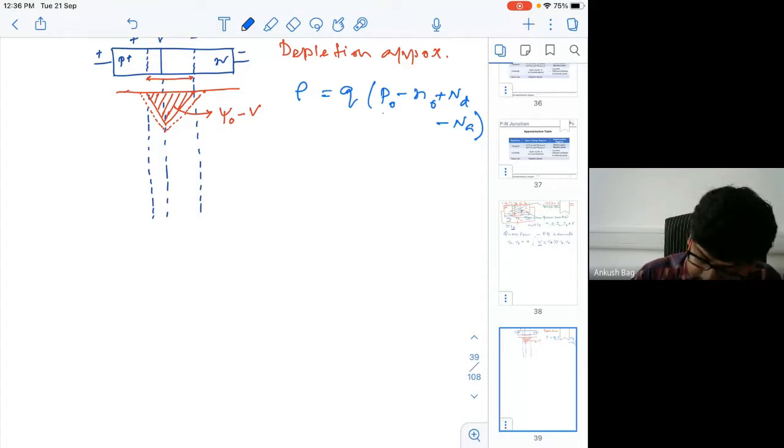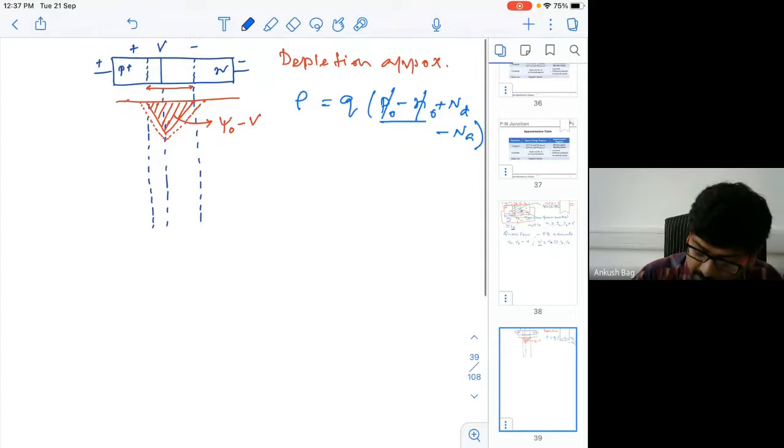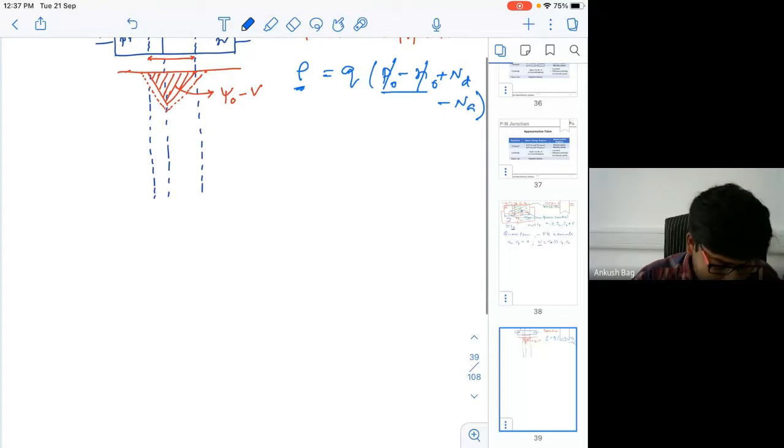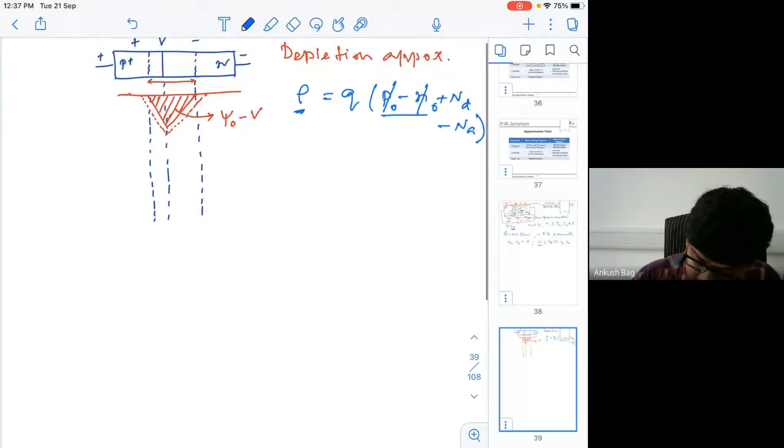Then this part we can cancel, these neutralize each other, and there will be no free carriers in the space charge region. That is why we can neglect these two concentrations, because this charge density is within the depletion region, so there are no free carriers. And this is under equilibrium, right?